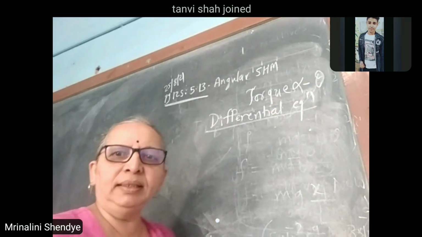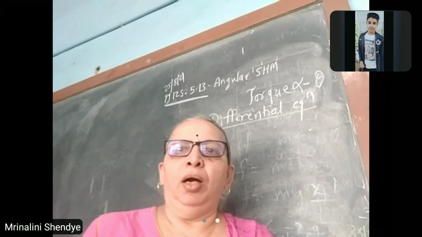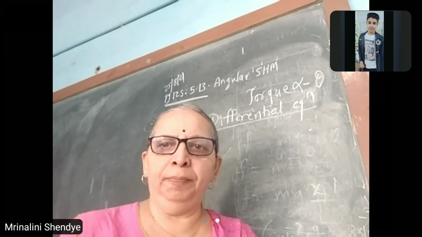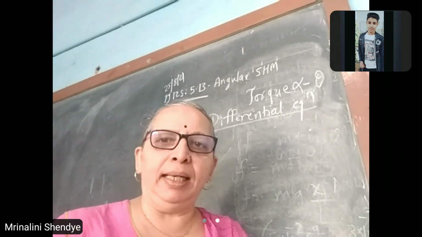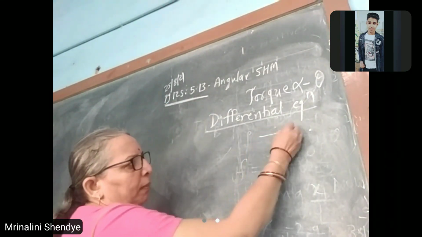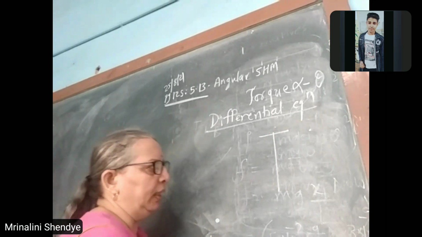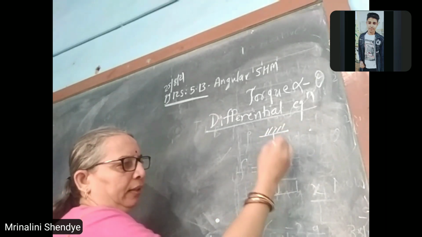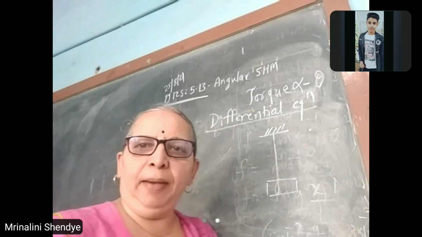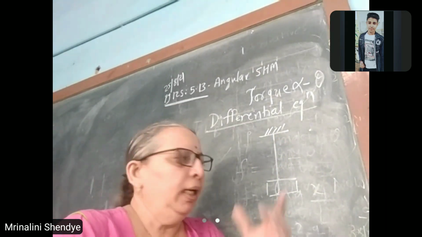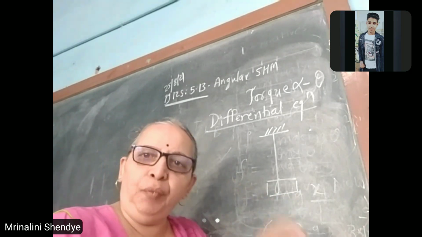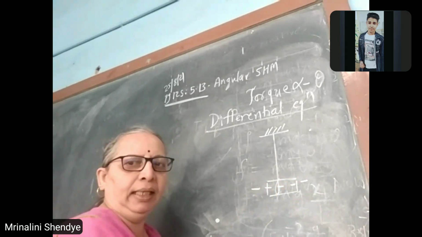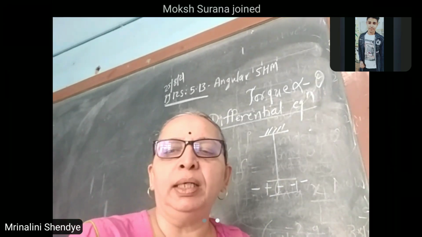The best example of angular SHM is the motion of a body kept in a magnetic field. Suppose I have one magnet freely suspended, a bar magnet. When it is kept on the tabletop, it gets aligned with its axis in the magnetic meridian, that is, in the north-south direction.